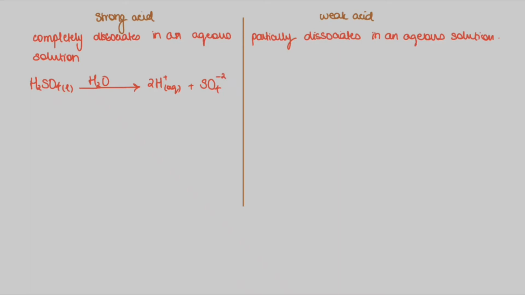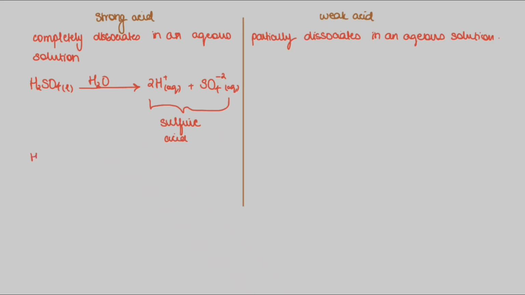Alright, and both will be in aqueous conditions. Right? Now this is what I call sulfuric acid. If you notice, the acid is because of the H positive ions that it has released in an aqueous solution. Alright?